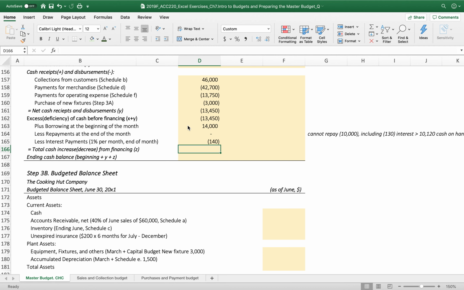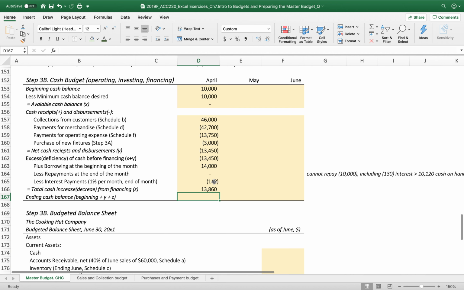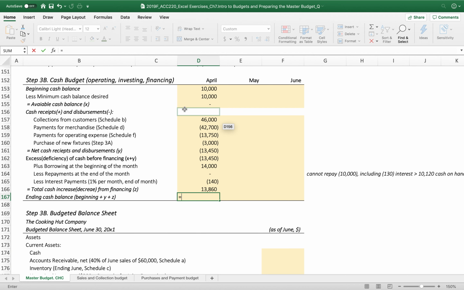So the total cash increase or decrease from financing is now 13,860. So ending balance on April is beginning cash, and then what is Y?